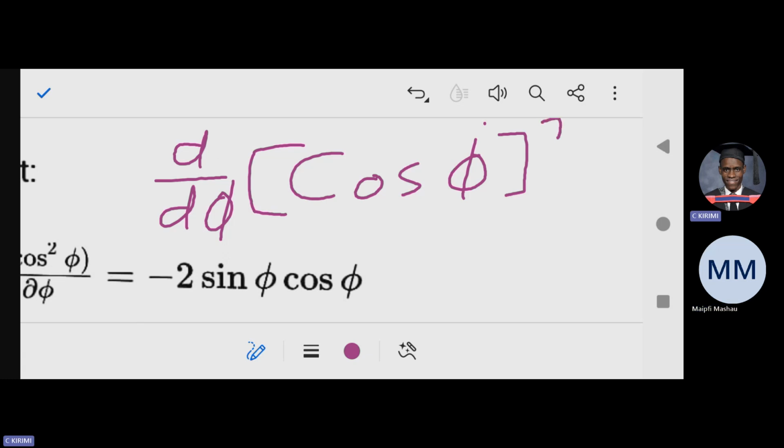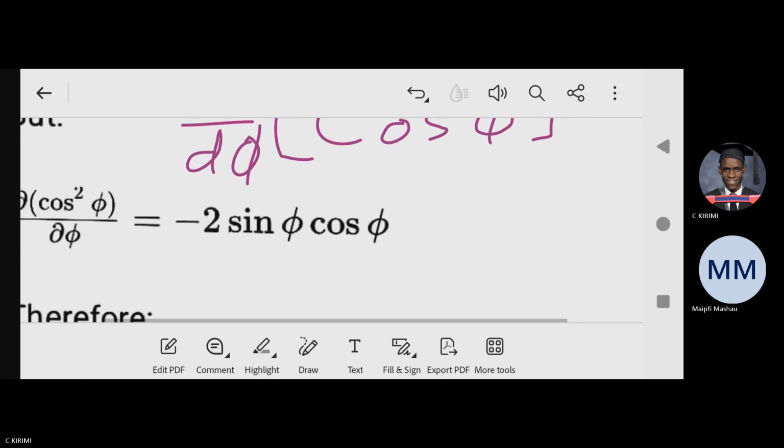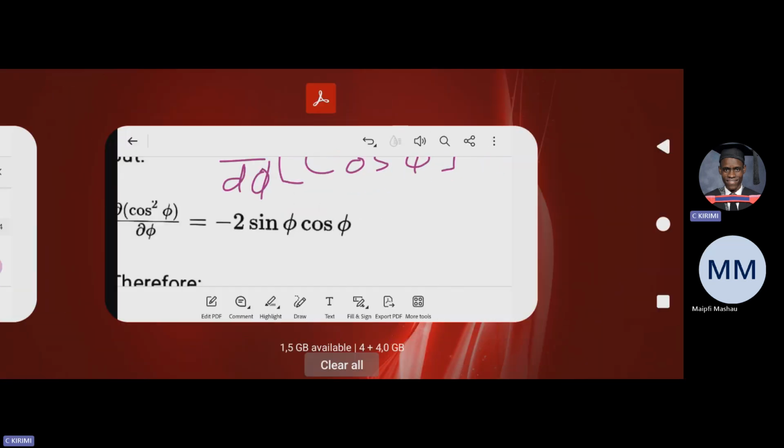Then this cos is being squared as well. So when you are doing calculus, how do you differentiate this one? If you differentiate cos, what do you get? Negative sine, isn't it? But before you differentiate cos, remember the chain rule.